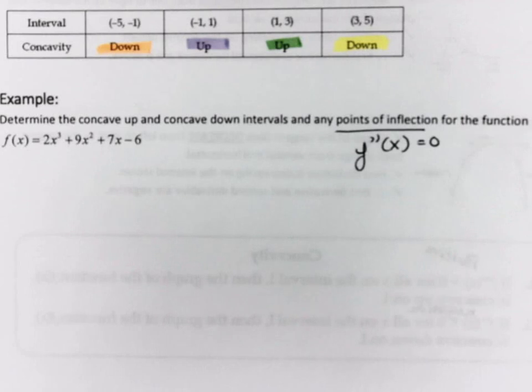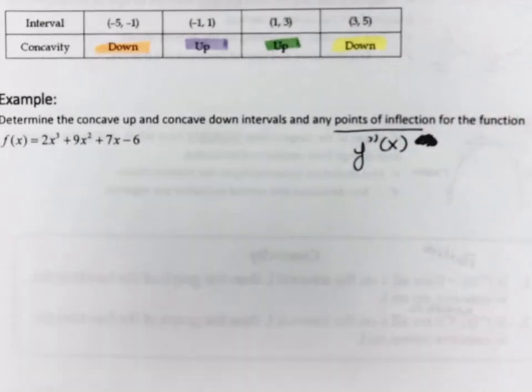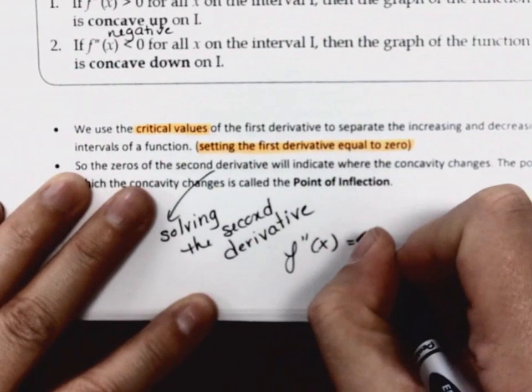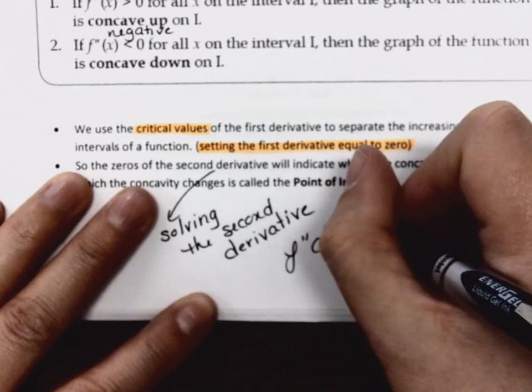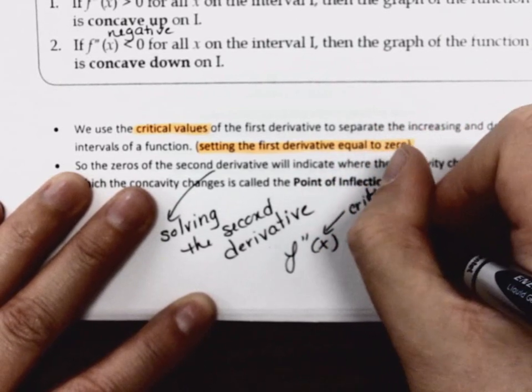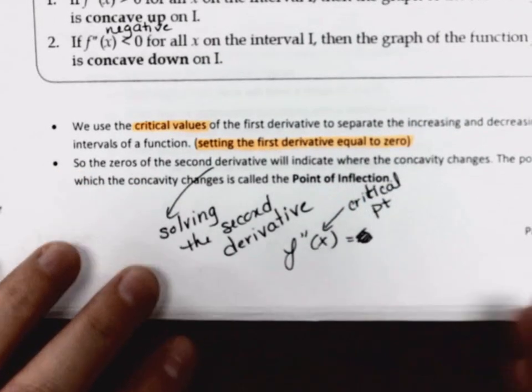Sorry, we're not equaling it to 0, we're solving it. Sorry, not equal to 0. But it does deal with the second derivative. We're solving it for the critical point. Let me go back and change that. So we're going to substitute in the critical point for x.